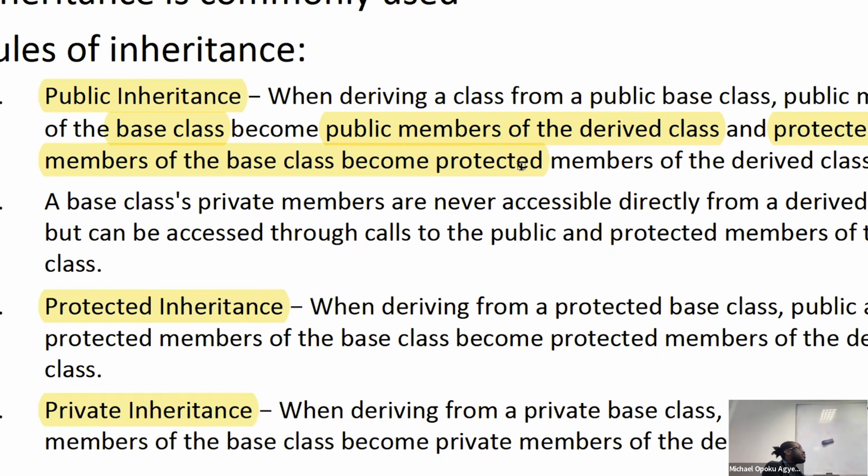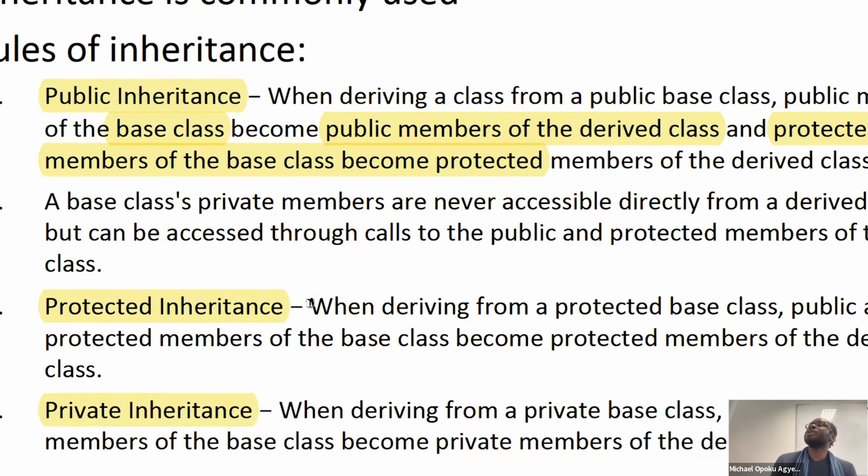The unlisted ones only he could see, but now I can see them too. So I say, whatever was public, I keep public. Whatever was unlisted, I keep unlisted. I just keep the same format. That's what the public keyword does. Whatever was public remains public, whatever was protected remains protected.